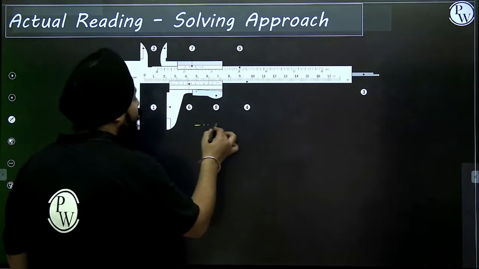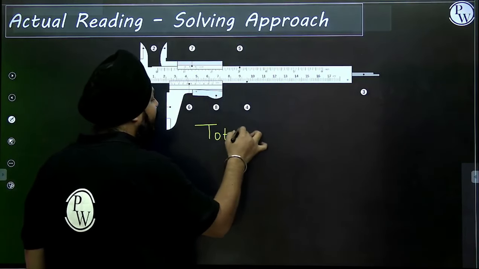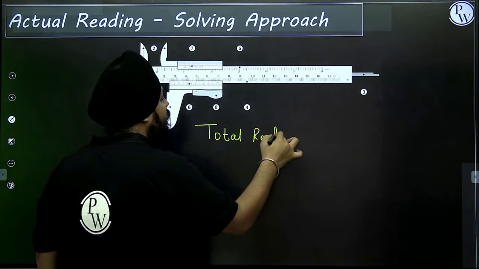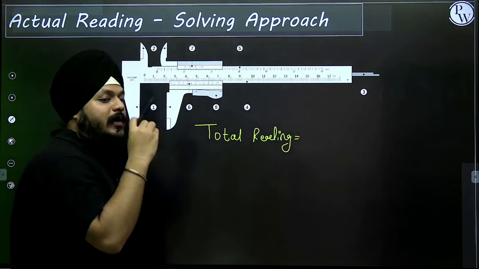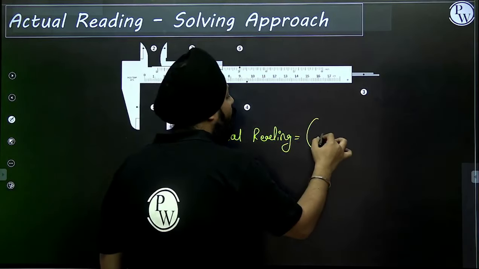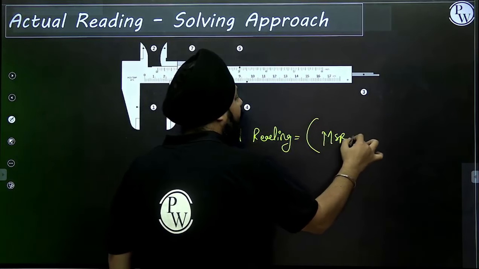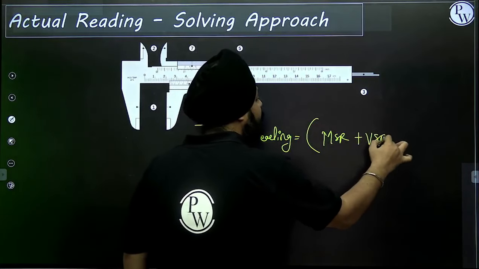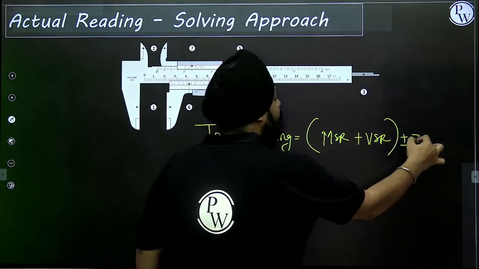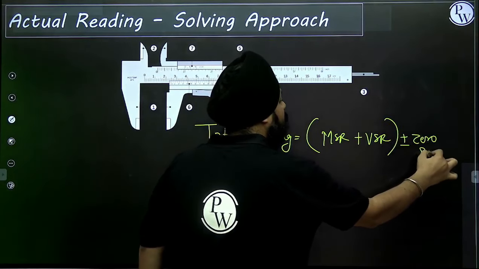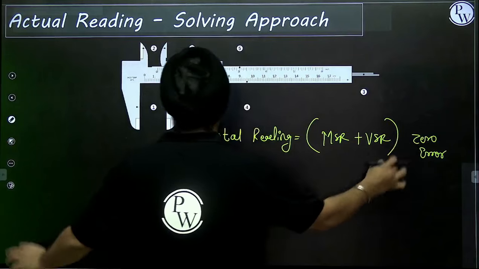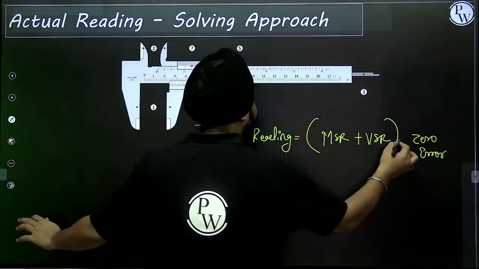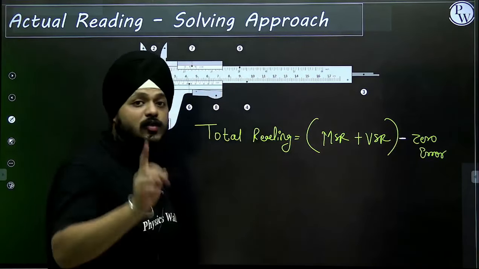What will be the total reading? The total reading is always the reading of the main scale plus the reading of the Vernier scale minus zero error. The actual formula is minus zero error, it's not plus or minus.